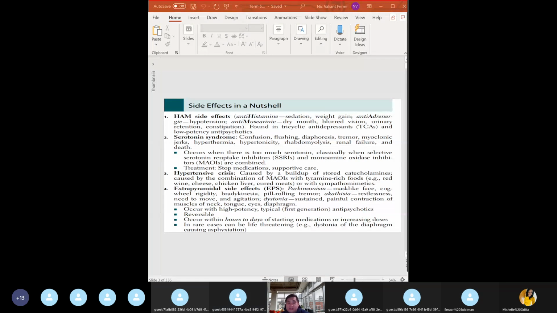That's your Cogentin. So EPS is most commonly seen in typical first-generation antipsychotics, so Haldol, your fluphenazine. It is reversible. It occurs within hours to days of starting meds or increasing the doses. In rare cases, guys, it can be life-threatening.